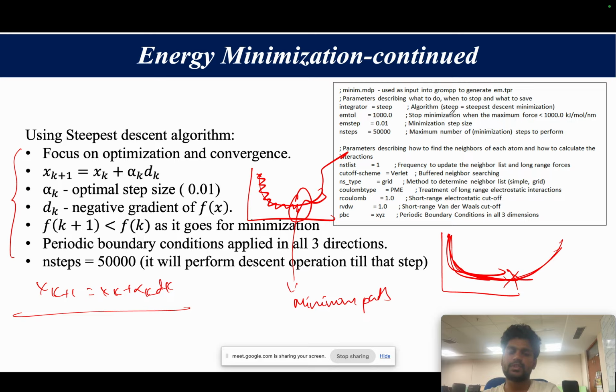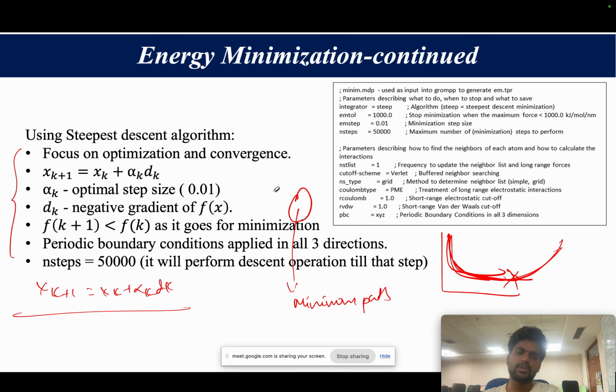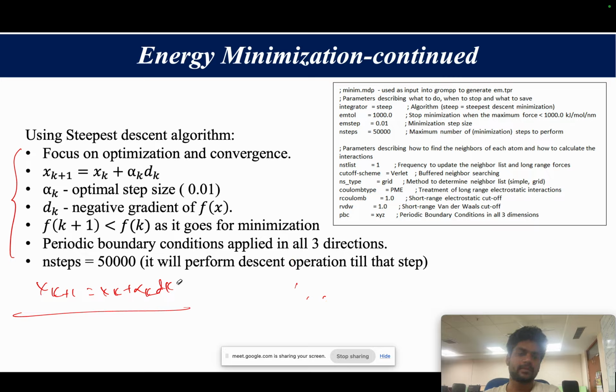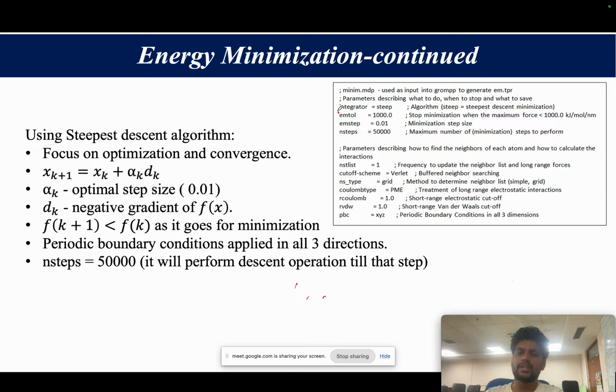Now, this is one of the script files which we will use to run the simulation. Here you see we have the integrator set to steepest descent, and we are giving the value as 1000.